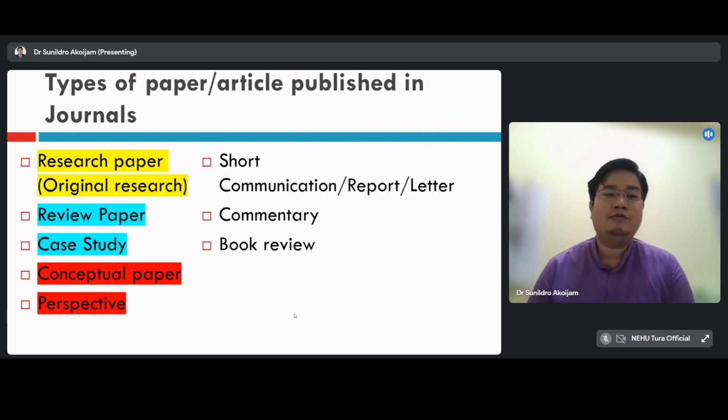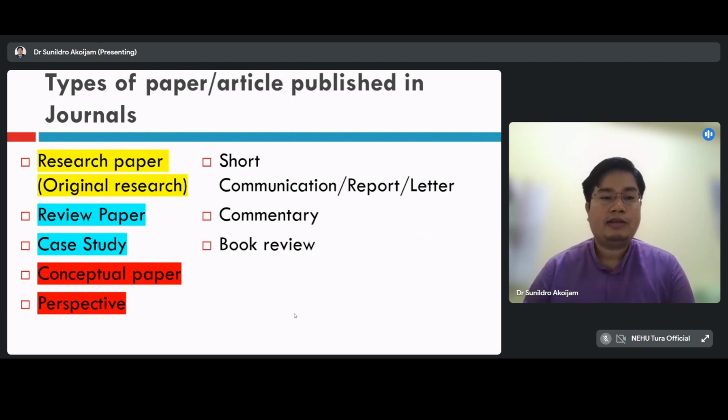Review papers draw the maximum number of citations. But again, review papers are normally not targeted by researchers at the early phases. To write this kind of paper, you need a very thorough understanding of the research conducted in a particular domain.